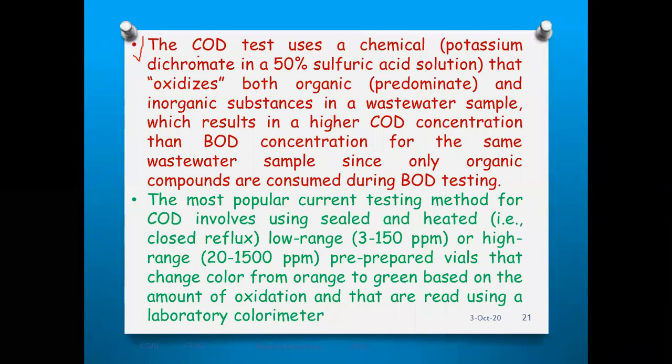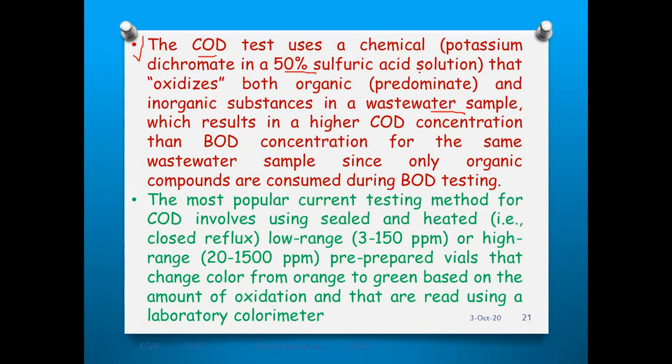So by the name, chemical oxygen demand, the CBOD uses some sort of chemical for the organic as well as inorganic substances in the wastewater sample. What is the chemical? That is potassium dichromate. Keep this in your mind, because if you get a fill-in-the-blank, you have to write the chemical you are using. The keyword for CBOD is potassium dichromate in a 50% sulfuric acid solution.